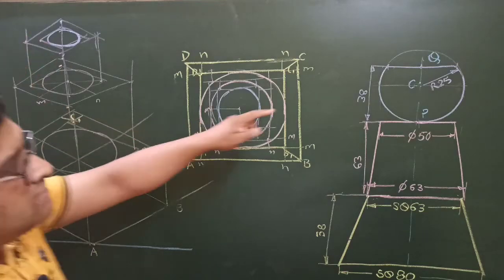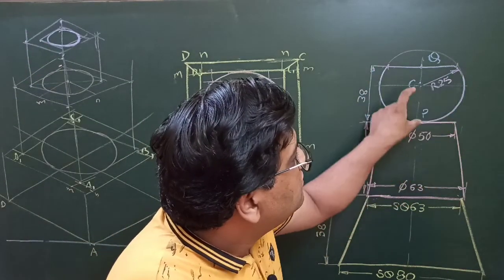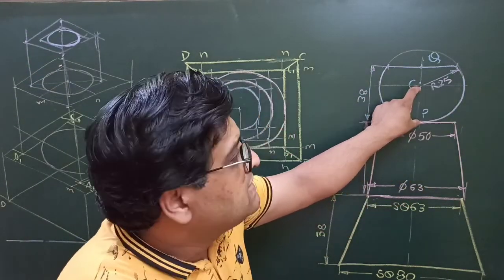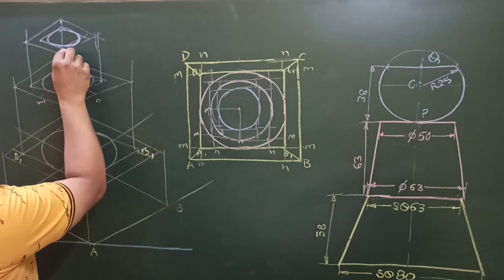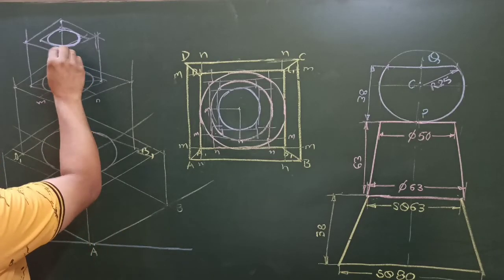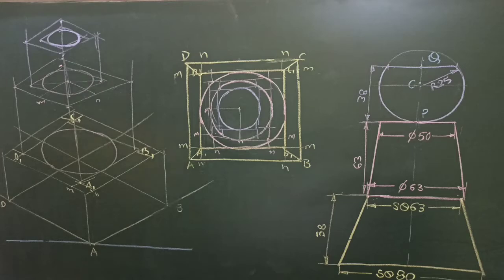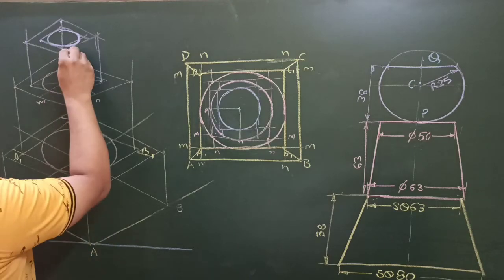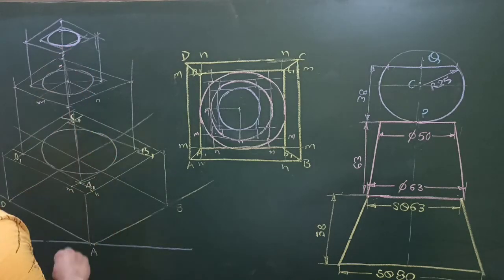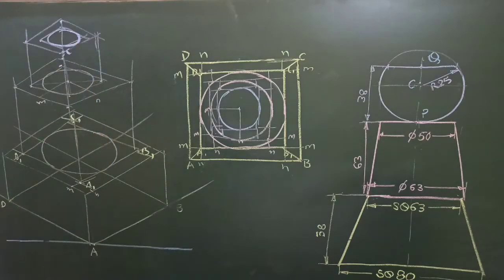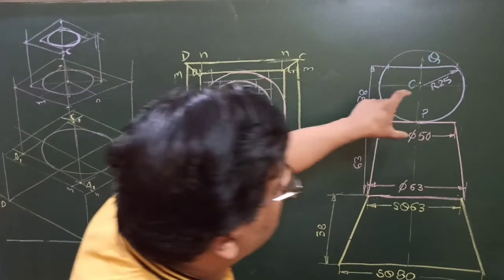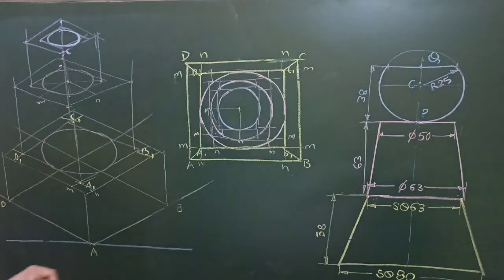Now we have to draw this spherical part. For that, find out the center at a height of 25 mm multiplied by, it will be somewhere around here. Say this point is point C. So this height must be 25 multiplied by 0.815, that is the isometric length.